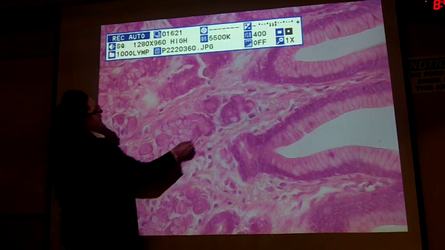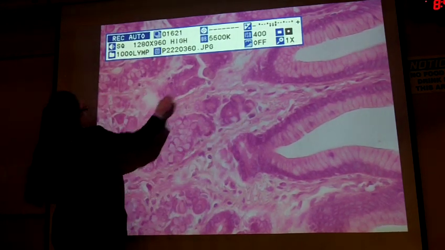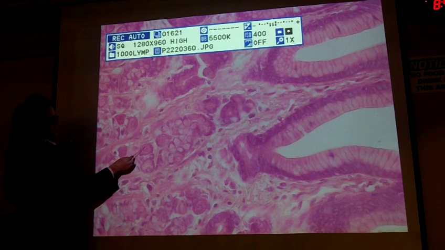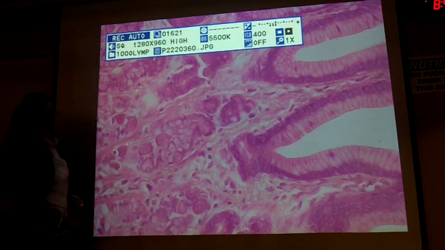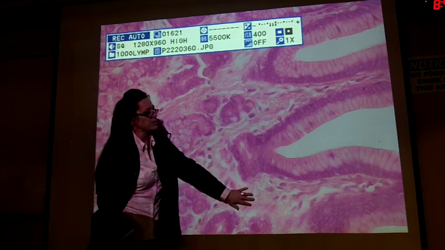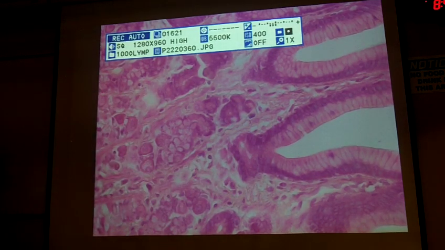So all these like circular areas here, these are the glands. All these kind of circular spots, those are the glands at the base of these pits. So that's how you know you're looking at stomach. You're looking for those gastric glands and gastric pits.